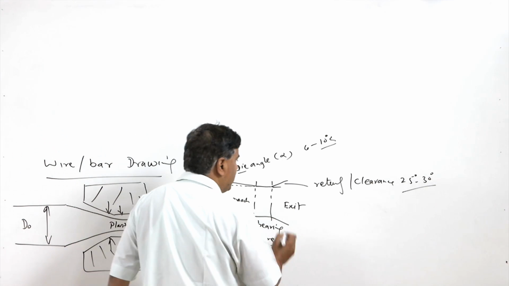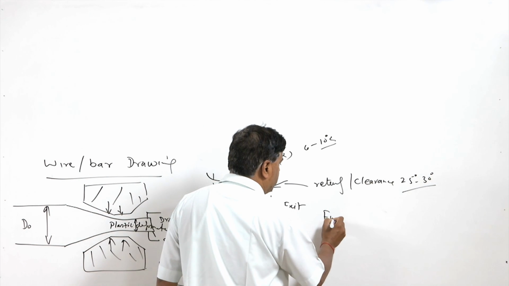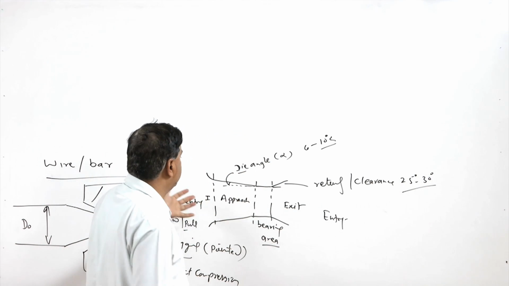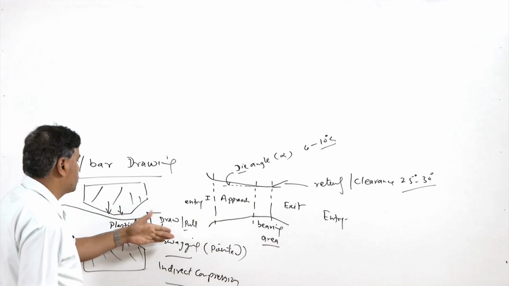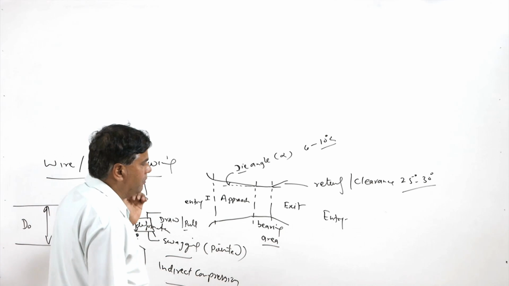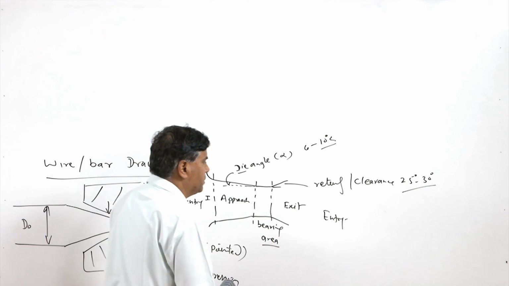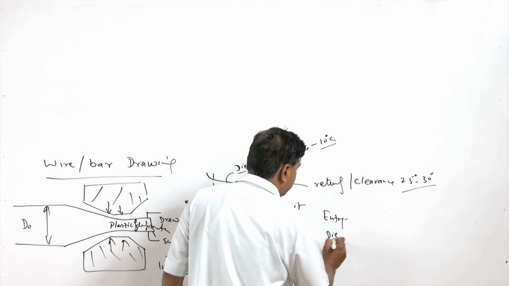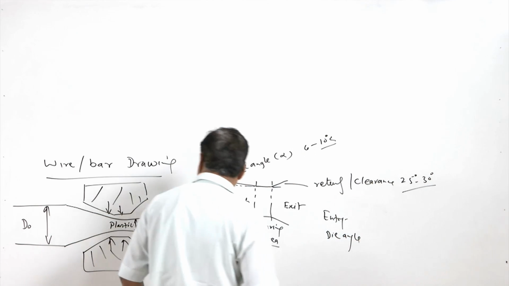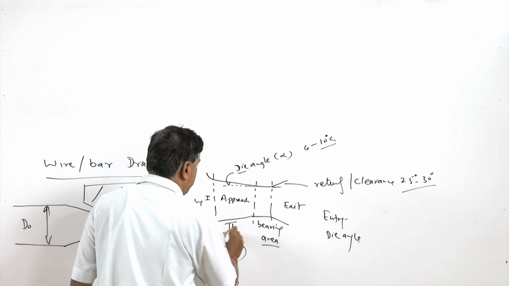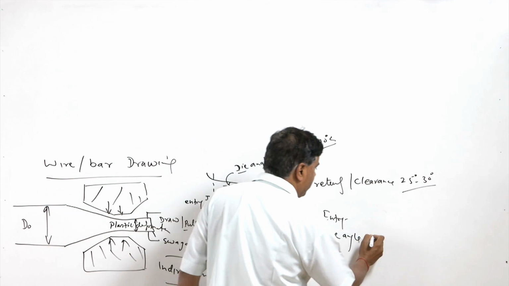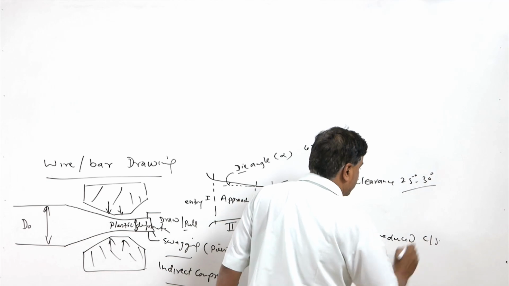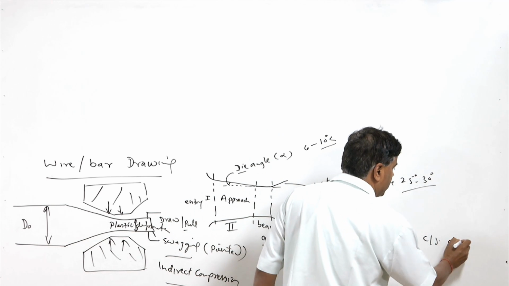If we see, the entry zone facilitates the smooth entry of the pointed or swedged bar or rod which is to be drawn. Then, giving the die angle, the second zone is where the metal is gradually reduced in terms of the cross sectional area or diameter.